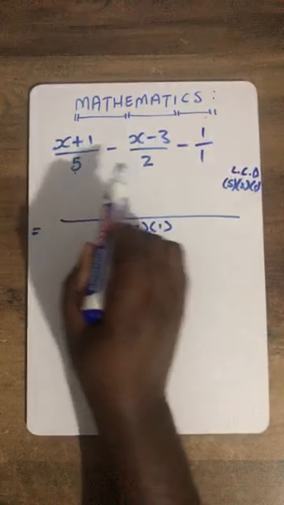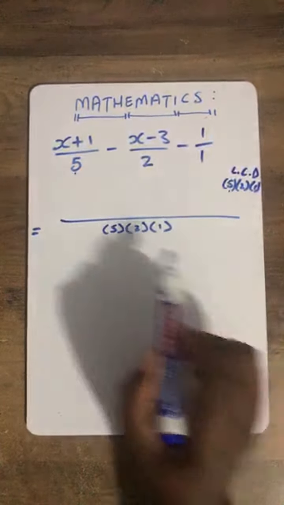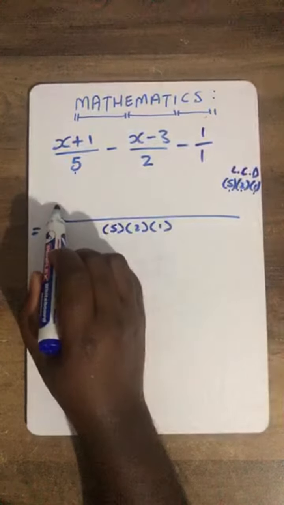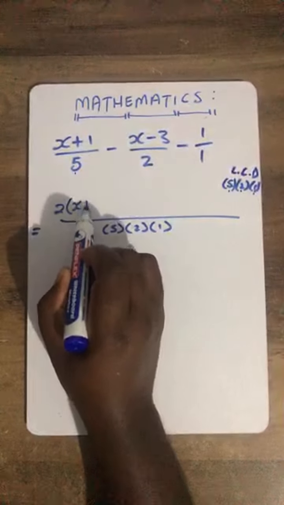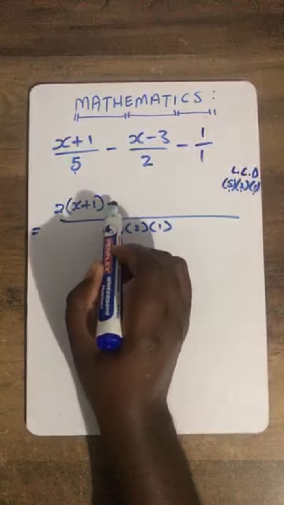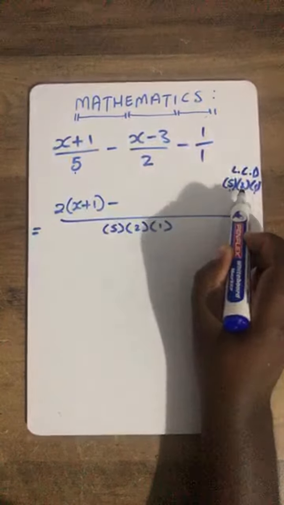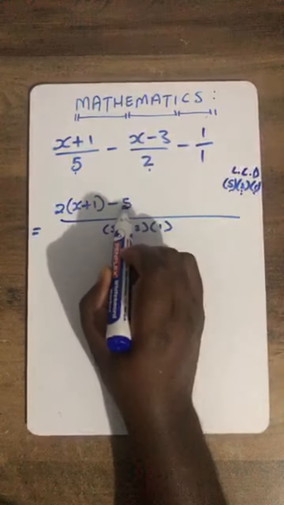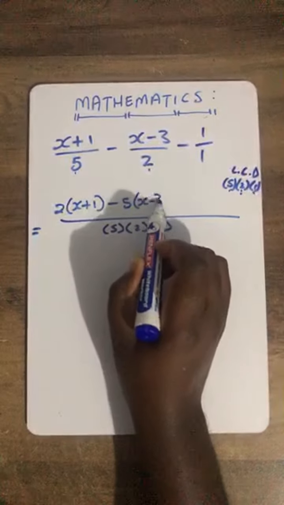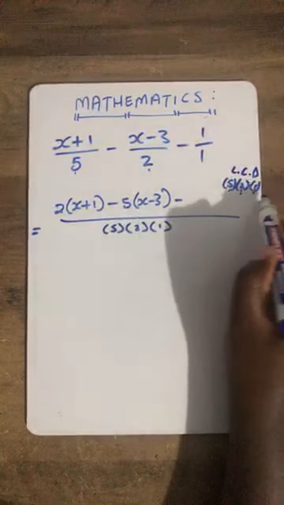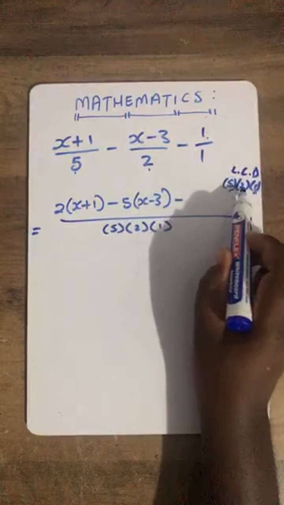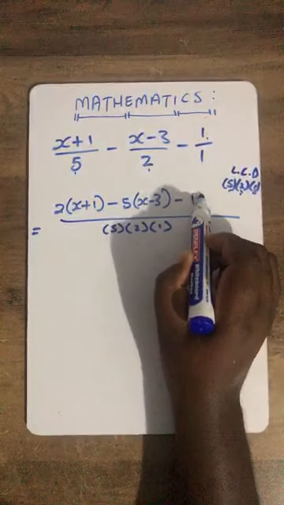So now I just say this 5 is going to cancel with that 1. And then you have this 2 times 1, which is just 2. So you'll just have 2 times (x plus 1) minus. And then this 2 will cancel with that 2. You'll have 5 times 1, which is 5, multiplying that (x minus 3). Minus, this 1 will cancel with that 1. And then you have 5 times 2, which is 10.